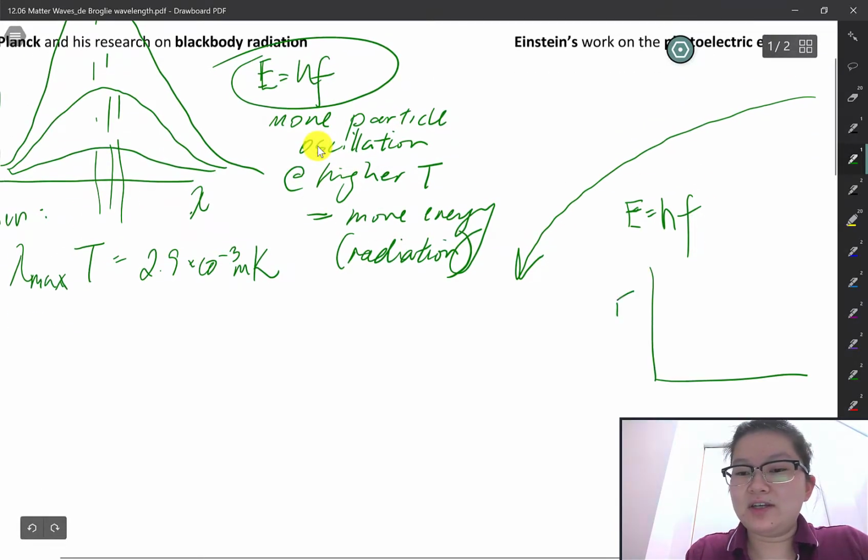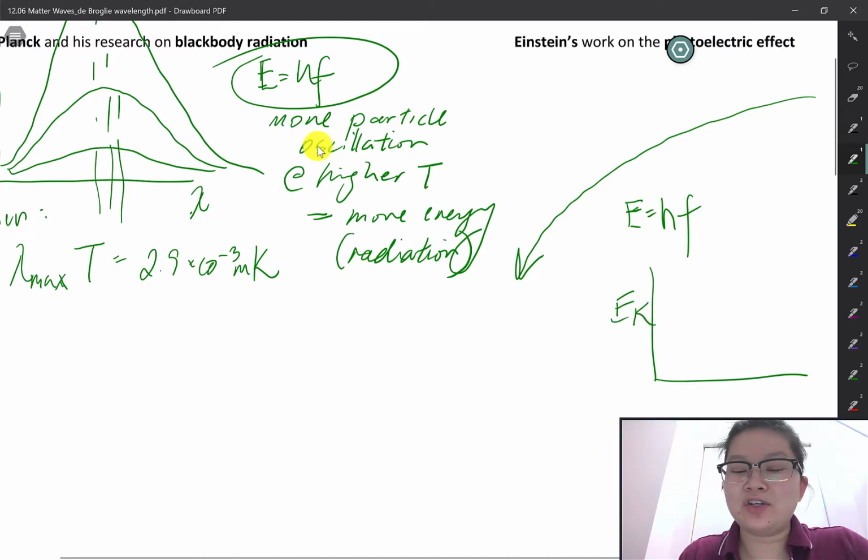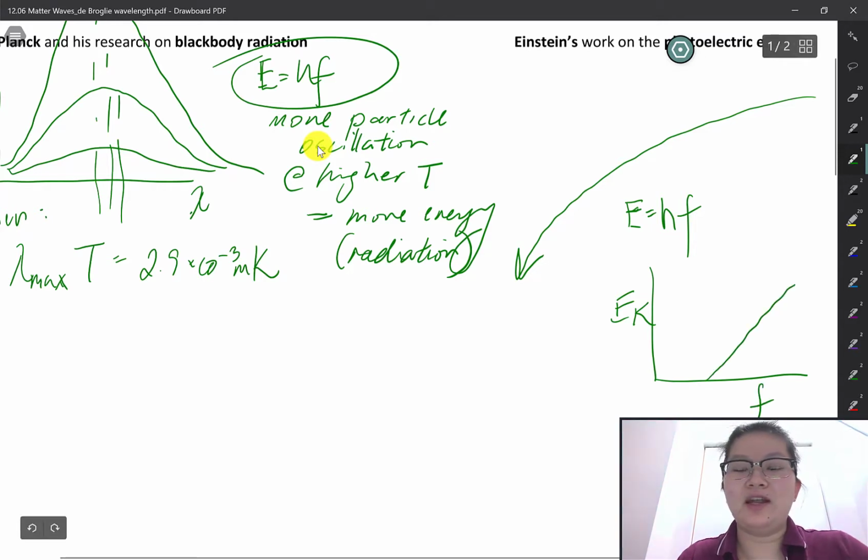So essentially, he had data where he was able to measure the kinetic energy of the electrons that were fired off in relation to the frequency of light he used.